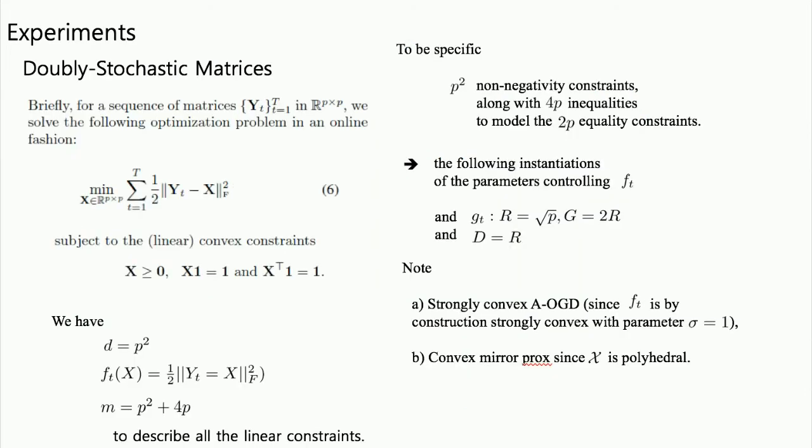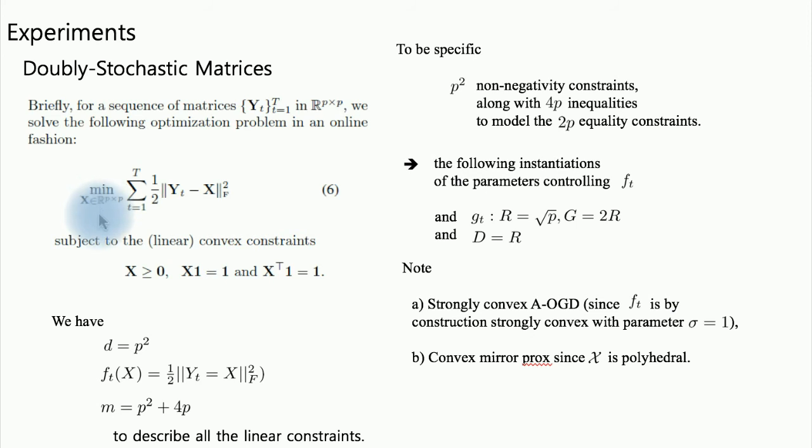They prepared two sets of experiments to validate the regret bounds obtained for our adaptive algorithm with a long-term constraint and compare the algorithm on two benchmark datasets. Doubly stochastic matrices appear in many machine learning and optimization problems, such as clustering applications or learning permutation, and they consider a sequence of random permutation matrices YT in p-dimensional real vector.